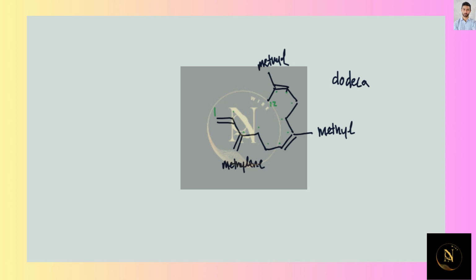So the next thing we've got to decide is from what side of the chain we will start counting. Note that if we label this as carbon 1, then the first functional group we run into is carbon 3. That would be 3-methylene. Whereas if we start numbering from this side of the molecule, 1, 2, 3, etc., the first functional group we run into is a methyl group at 2, and we'd like to have the lowest number for our first functional group.